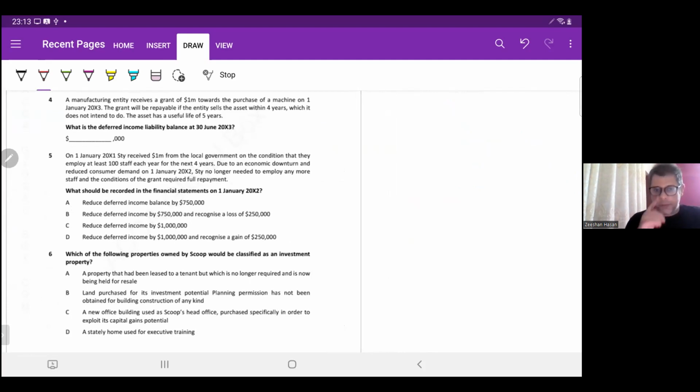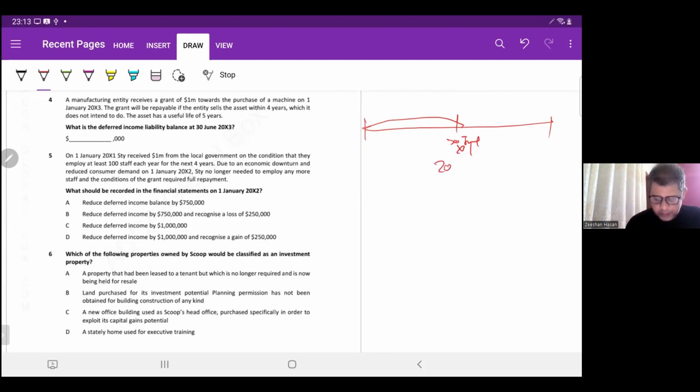The grant should be released over the useful life, not based on the possibility of the item being repaid. Therefore, the 1 million should be released over 5 years, being 200,000 a year. At 30th June 2003, it's 6 months, right? From 1st January to here.